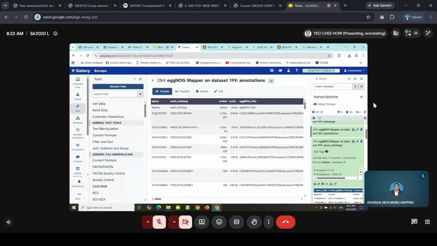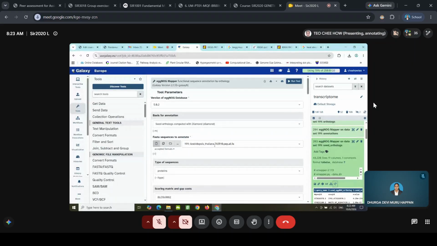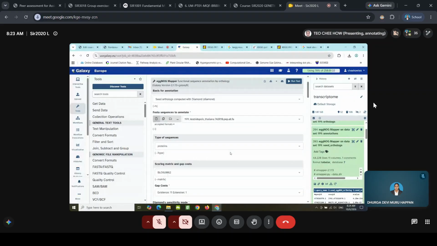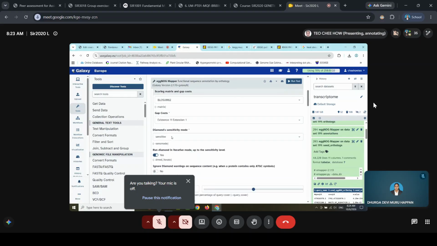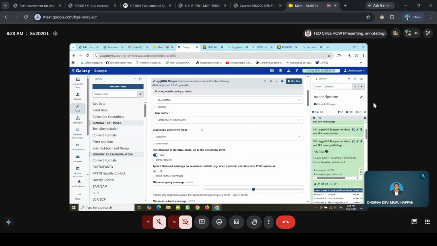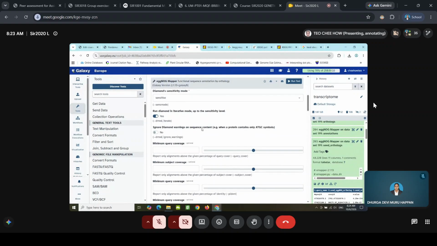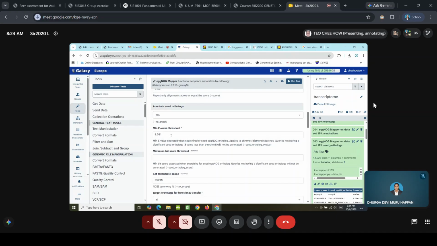Right, assume that these are differentially expressed genes. So what you need to provide is the peptide sequence. You provide the peptide sequence, and then go through the run. So you use a sensitive mode. And also the minimum E value is 0.03.